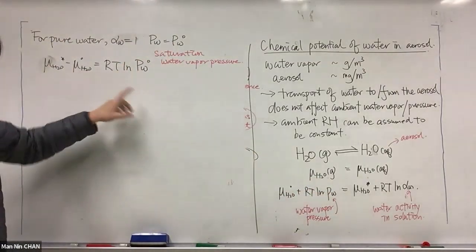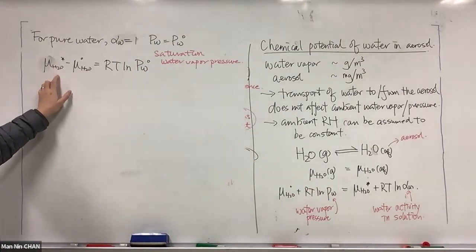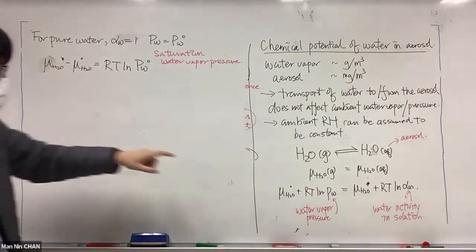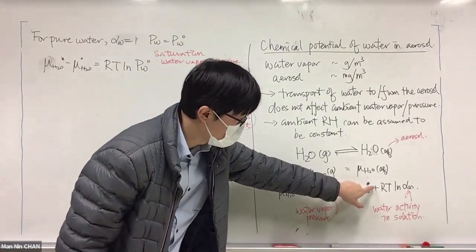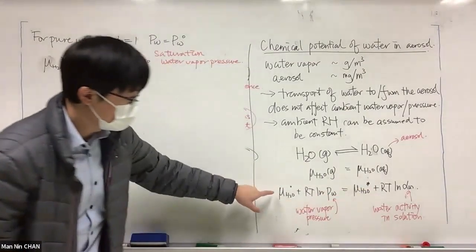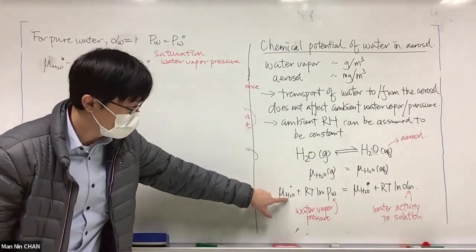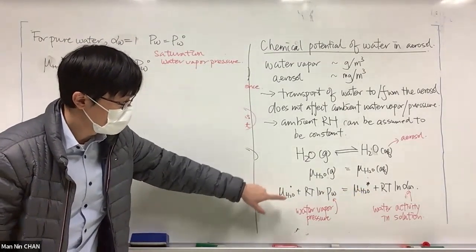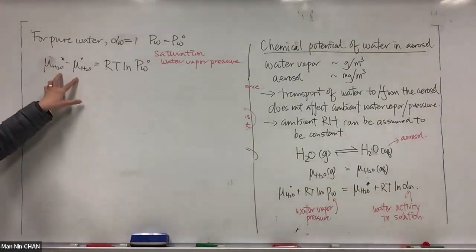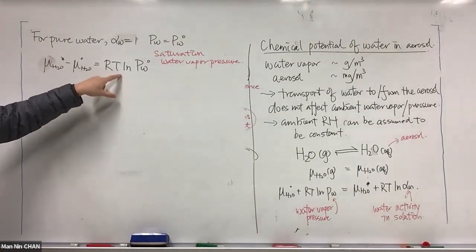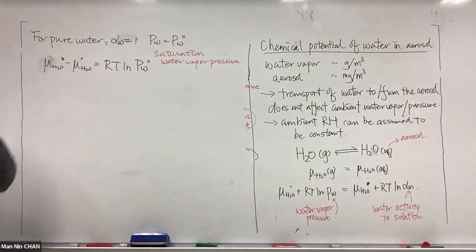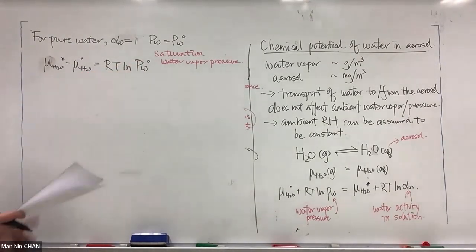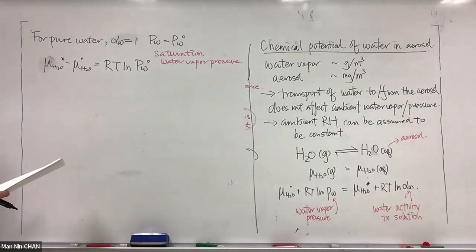Then if you rearrange this equation, you will find that the chemical potential of your water in the solution at reference state minus the chemical potential of your water in the gas state at standard state, the difference of these two terms, will be equal to RT times the natural log of the saturation water vapor pressure.